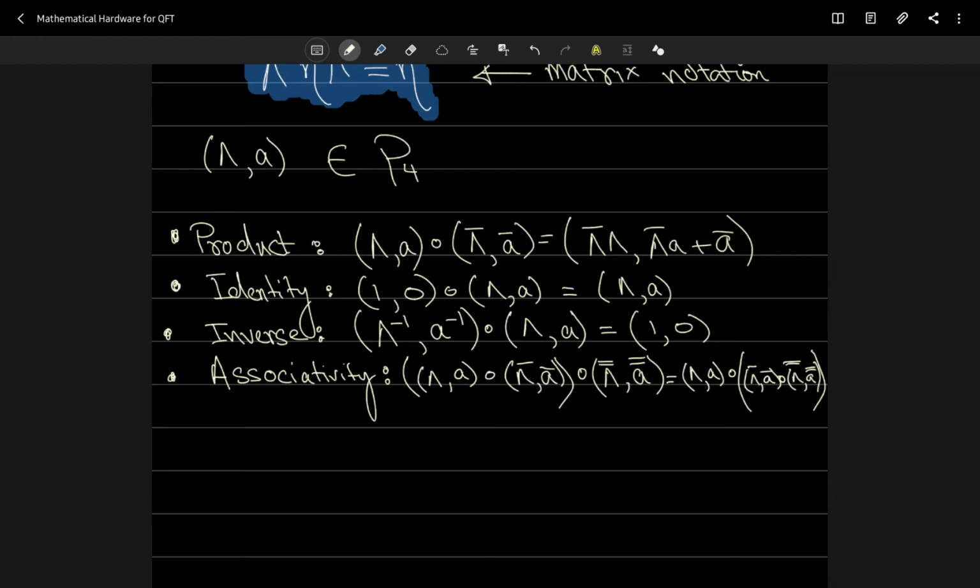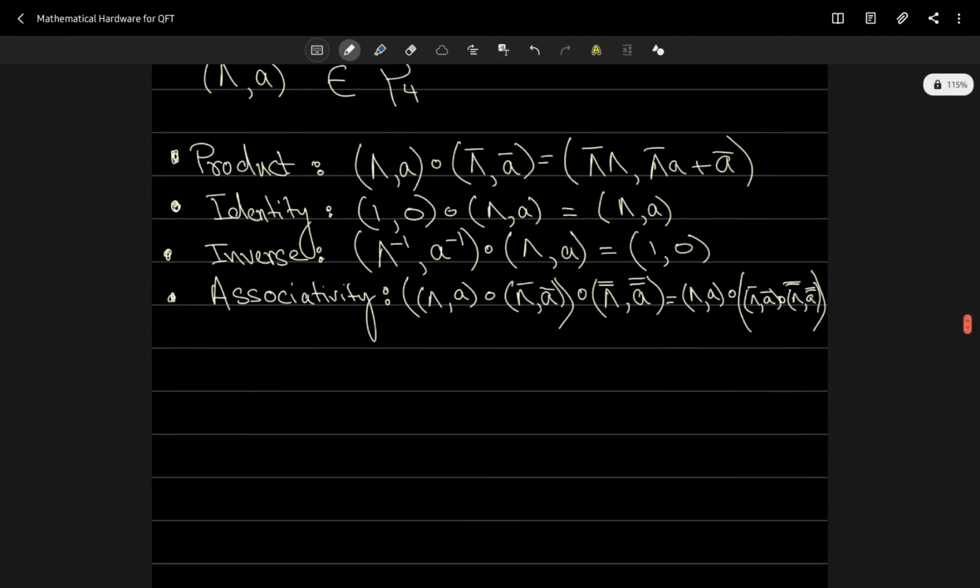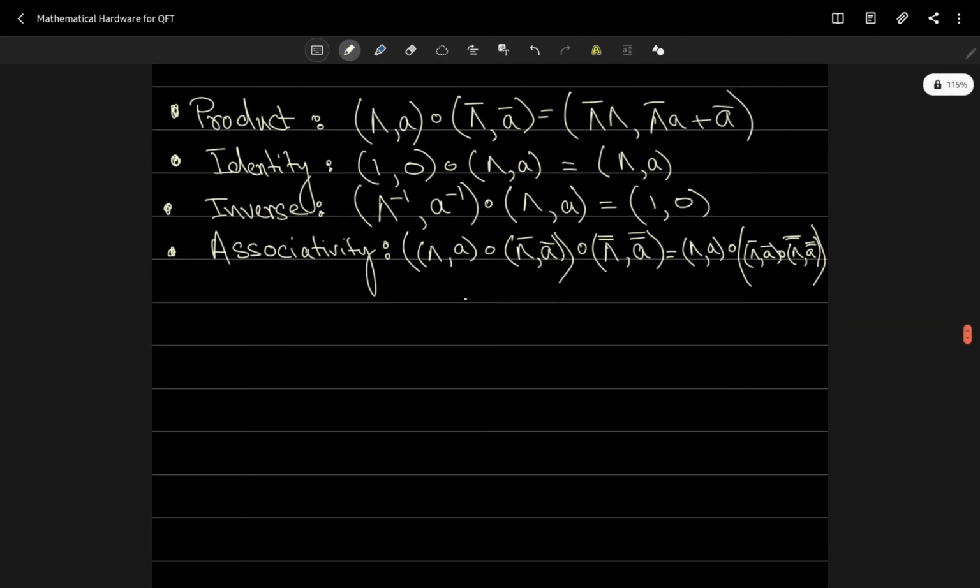Right, now in index notation, the total effect of the product of two Poincare transformations is actually written as x prime mu is equal to lambda mu nu times x nu plus the translation, that is A mu, right?